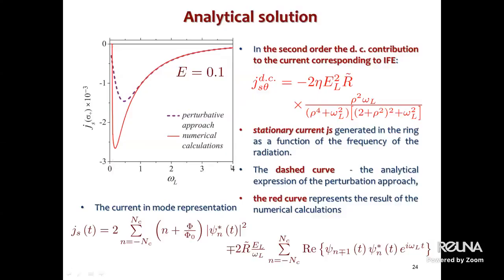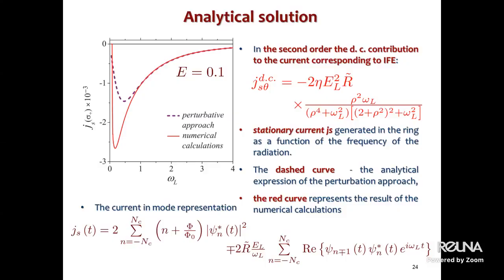The dashed curve is obtained from the analytical expression, so basically from the perturbation approach, while the red curve represents the result of numerical calculations performed with a number of modes in the Fourier expansion. Basically, we keep only 17 harmonics, 17 modes. I would say that for the system we consider, the contribution of modes with index larger than 4 is negligible. But to be sure, we keep 8.